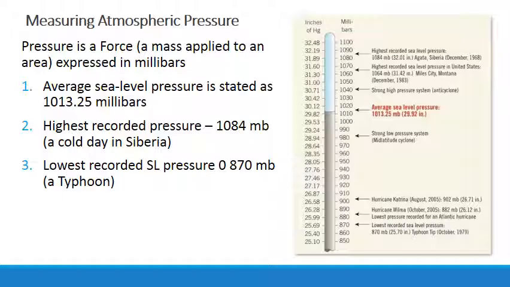The lowest recorded air pressure is in the middle of a tropical storm, Typhoon Tip, 870 millibars. So we're not going to see on any assignment any sea level pressures greater than 1,084 or lower than about 870.